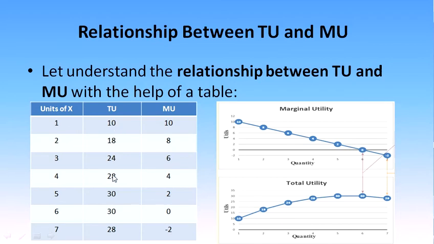See the percentage of rate at which it is increasing, it is continuously falling. Now at the fifth consumption, the total utility has gone to 30. When you are consuming the sixth burger, the sixth commodity, the total utility is the same. As you can see, it is constant.